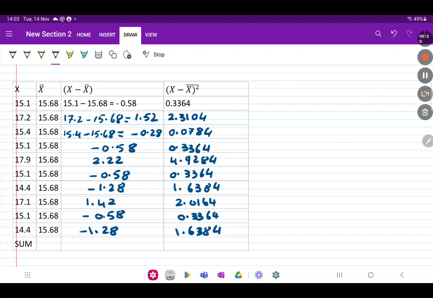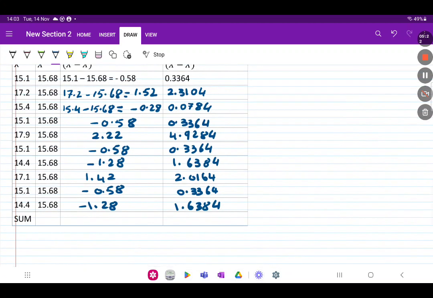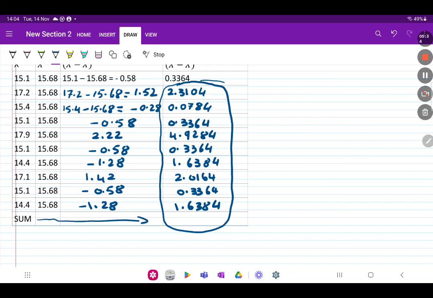So now all we need is the last column. All right, so we did all this table to find out this column. So now we need to find out the sum of this column. So all we need to do is add all these numbers together and find out the sum of (x minus x bar) squared.